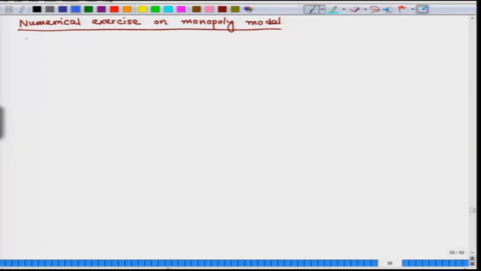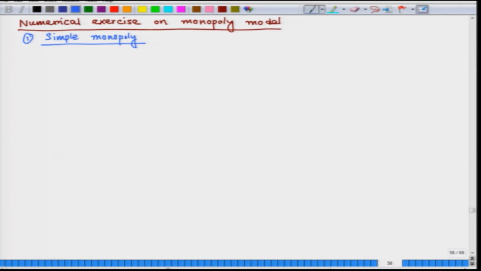So, first we are going to start with the simple monopoly model, where the monopolist cannot divide the market into two or more homogeneous consumer groups.